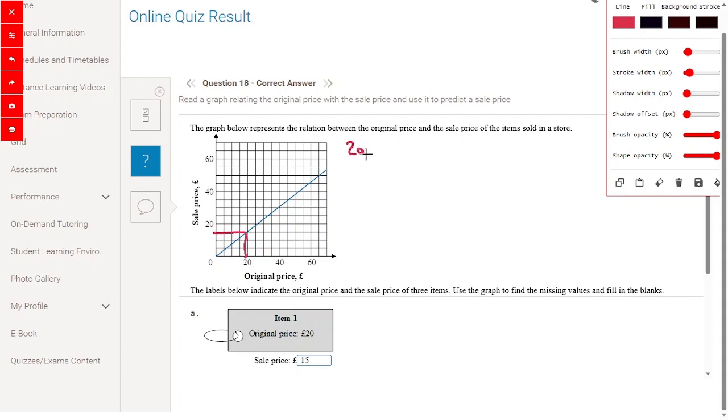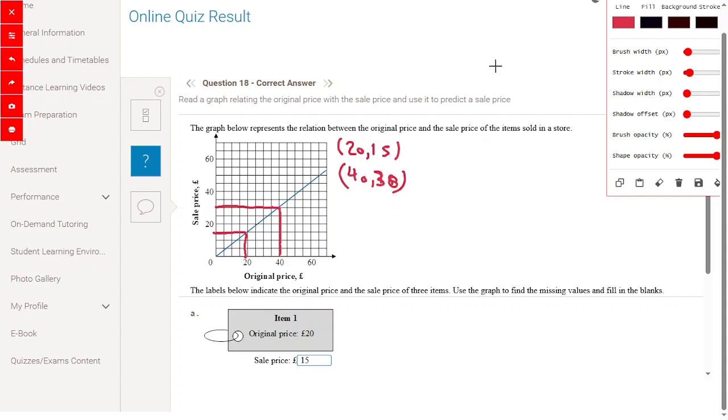So the first point I have is 20 and 15, right? Now the second item, when the sale price was 30, the original price was 40. So we have 40 and 30, right?